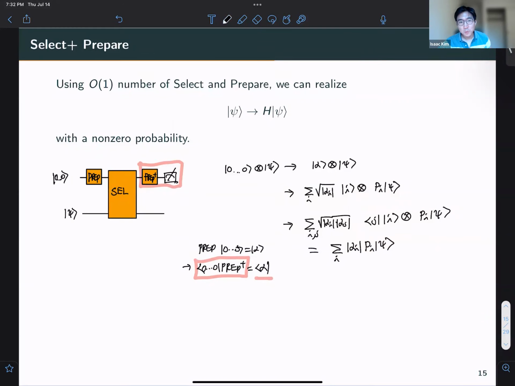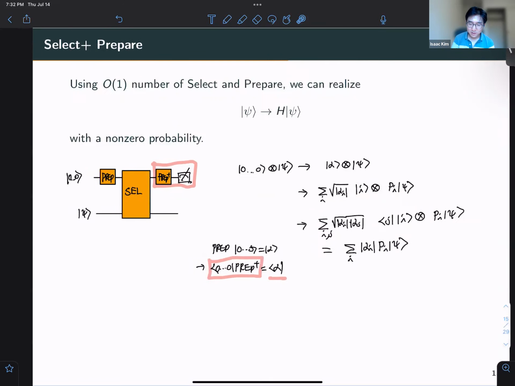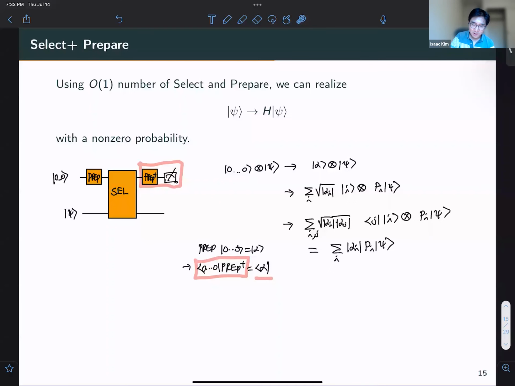One thing that I forgot to mention is that without loss of generality, I'm going to assume that alpha i's are non-negative numbers. The reason why that's possible is because, first of all, I'm assuming that H is a Hermitian matrix. So alpha i's can be chosen to be real because P i's are Hermitian matrices. And then you might ask, why can't I choose alpha i's to be positive?